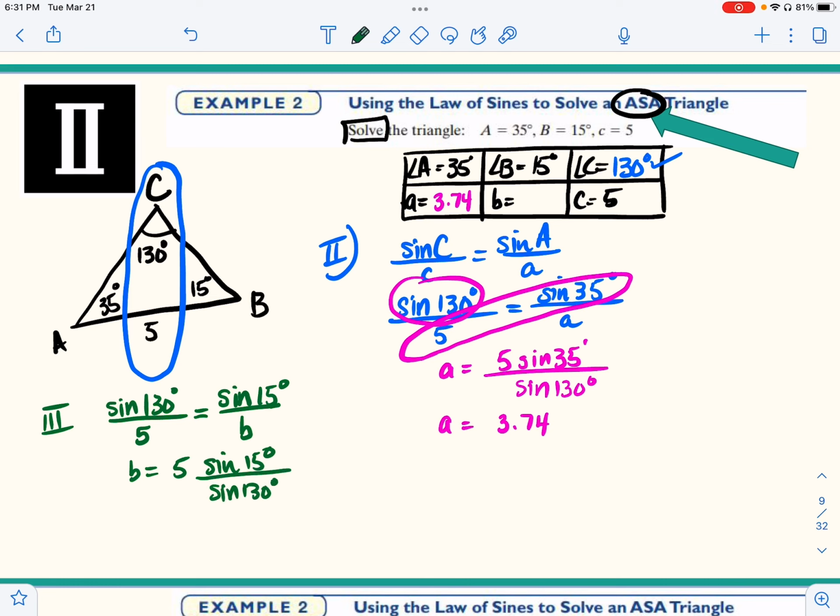And this is all multiplication and division, so you can plug it in all together. 1.69 is what I got, 1.69. And I have solved the triangle like the question asked me for.